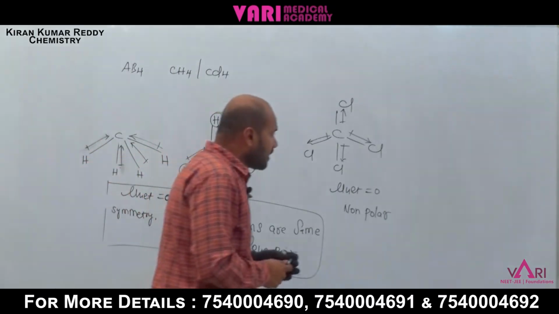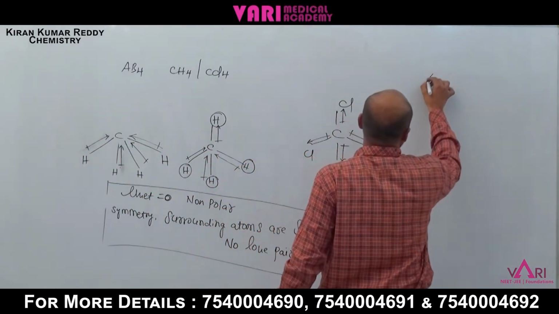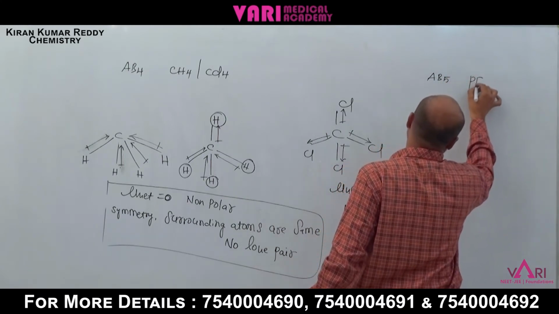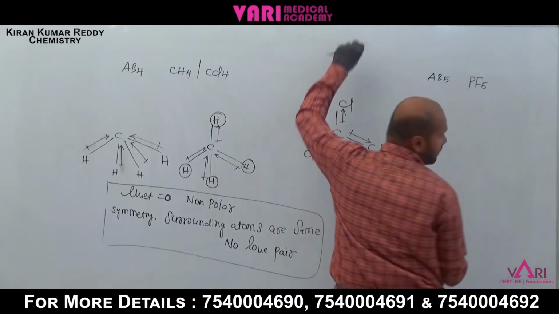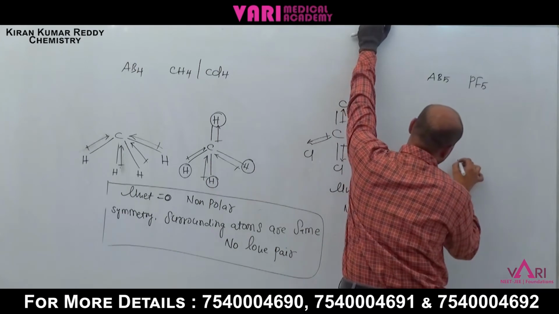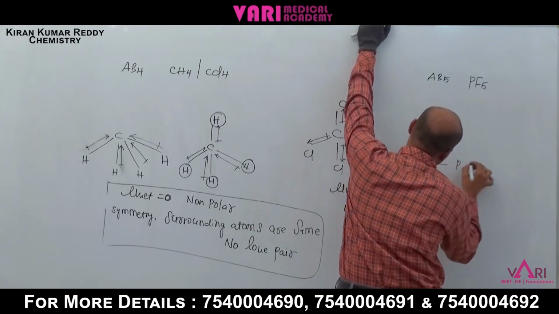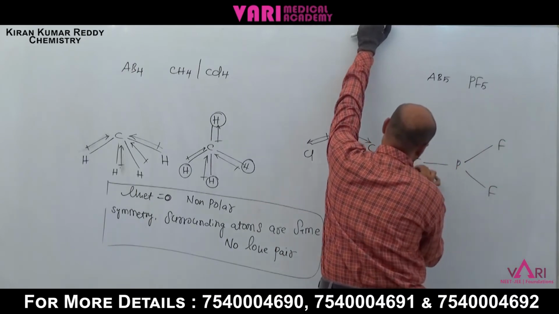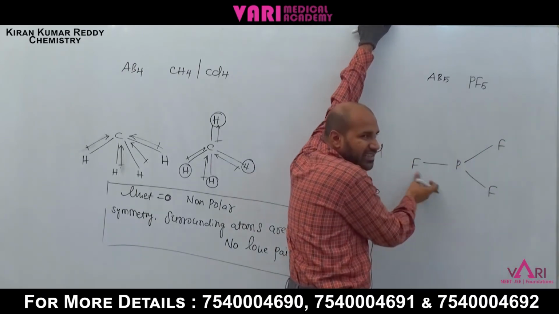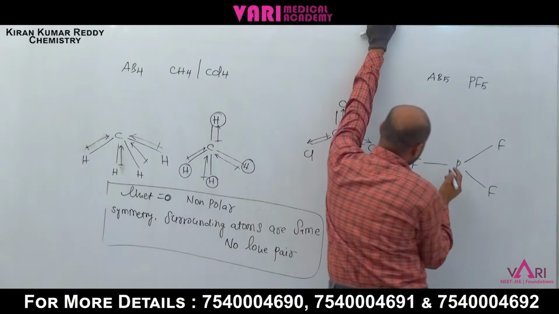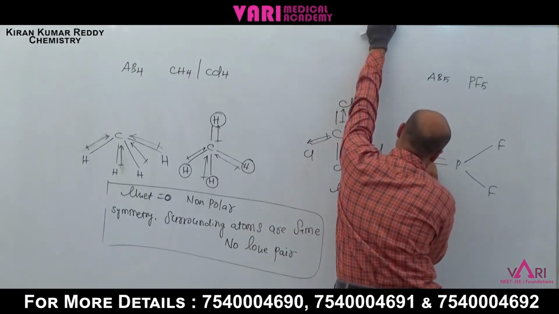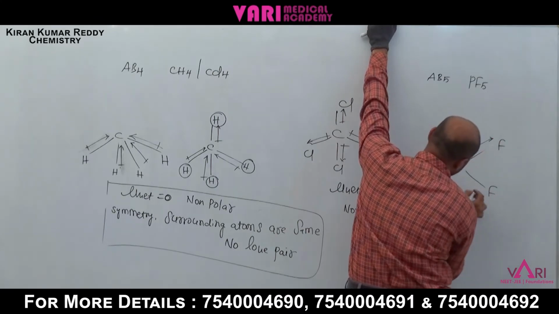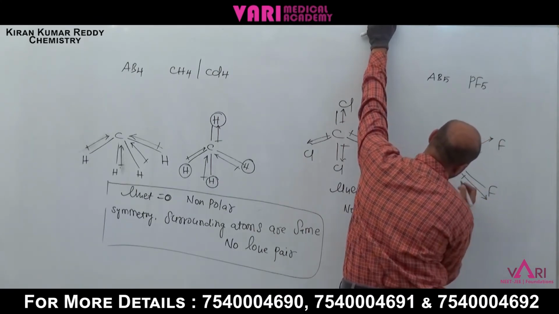If you take AB5 type, I am taking PF5. Now phosphorus, and these are the fluorine, here also fluorine, here also fluorine, and similar structure to BF3. Phosphorus to fluorine, fluorine is more electronegative. Here also phosphorus to fluorine, phosphorus is less electronegative.